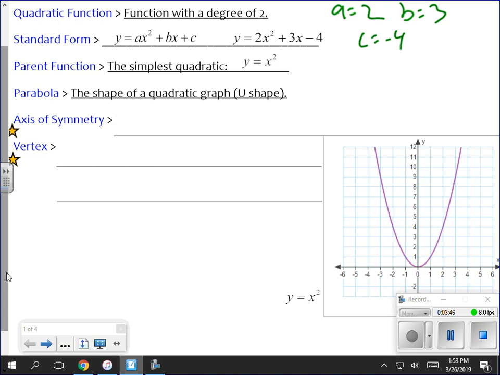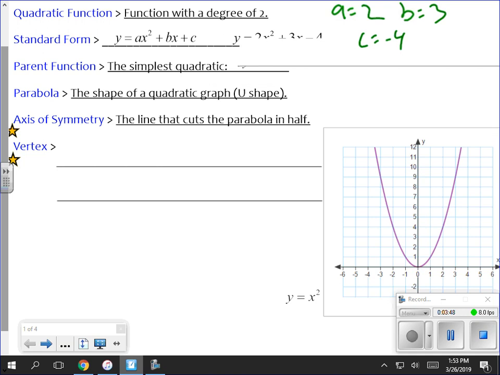Axis of symmetry. The axis of symmetry is a line that cuts a parabola in half. Not every graph of every type of equation is symmetric. All quadratics are parabolas. All parabolas are symmetric. I can divide them in half.